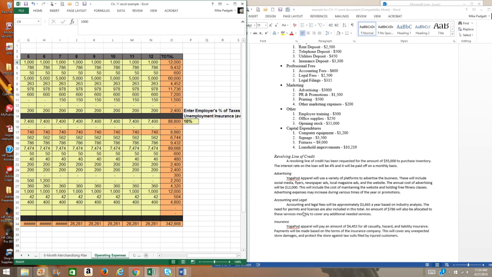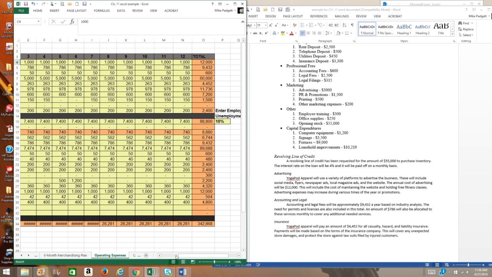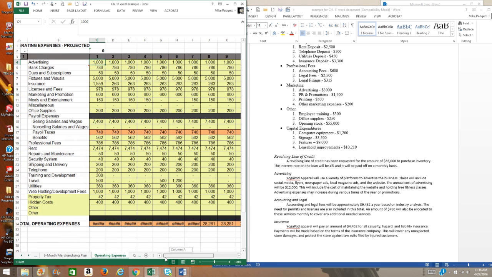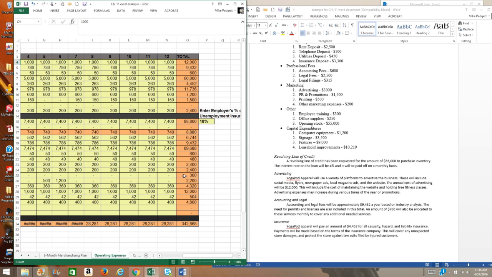Next, for accounting and legal fees, where you would pull this from is also your operating expenses, and this is under your professional fees. And so the total is $9,432, and it's allotted $786 a month for these services.